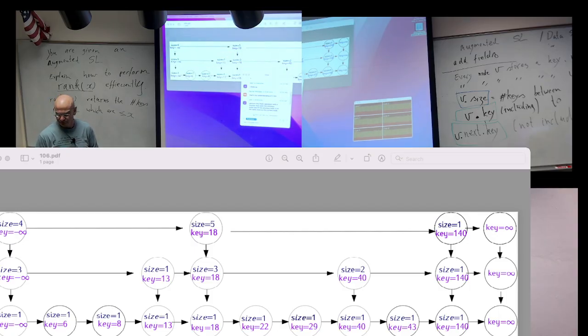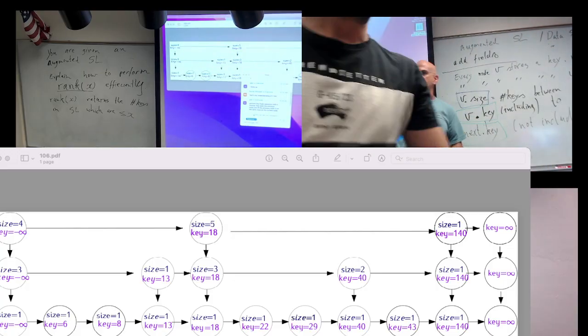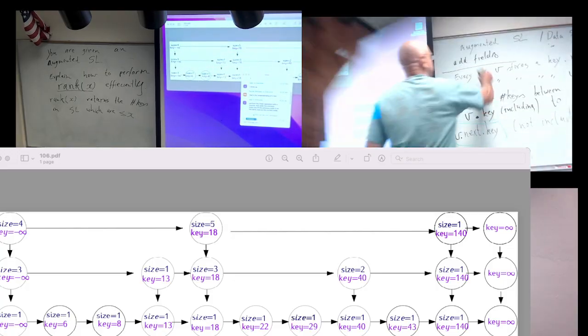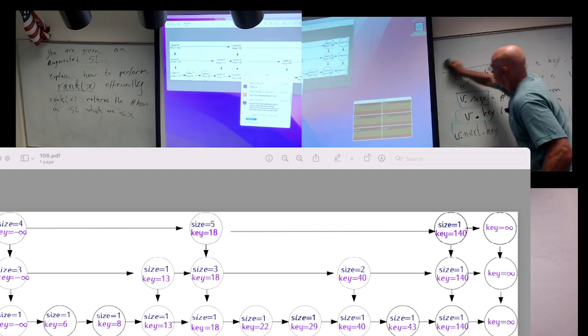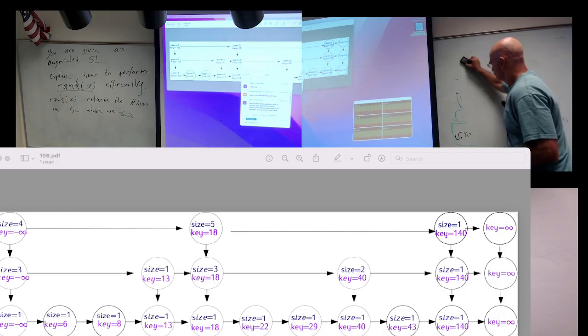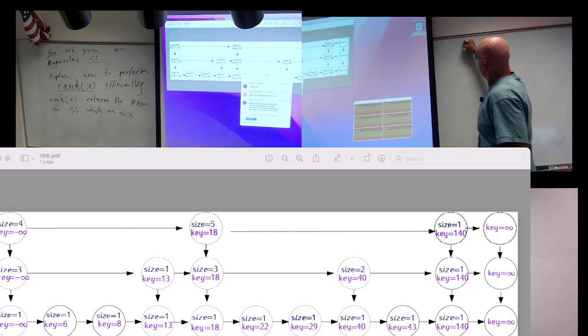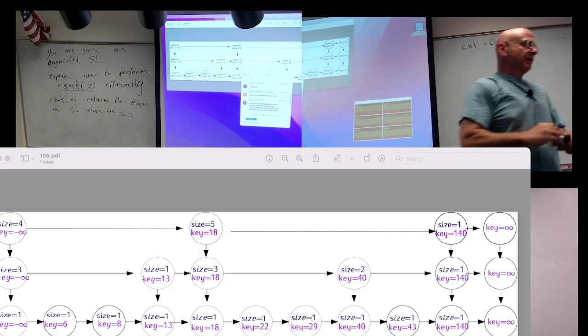Whenever you choose to go to the next one, you add the size and keep the size count. I'll keep a counter initialized to 0, count equals 0.